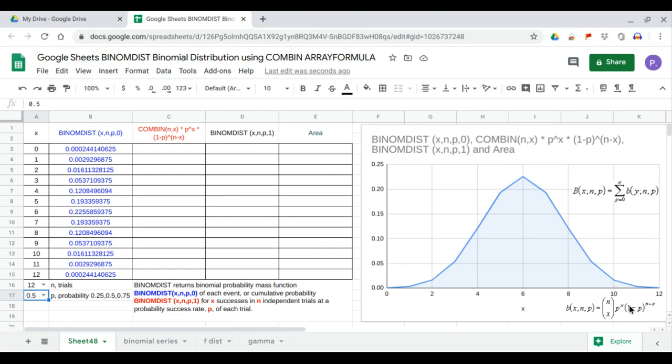So the formula of the bell curve is combination times p to the x times 1 minus p to the n minus x. So we use this formula.